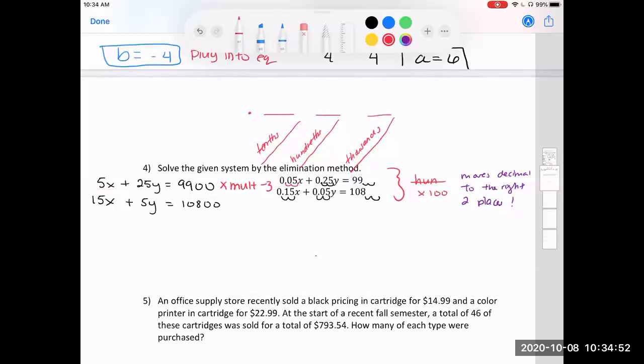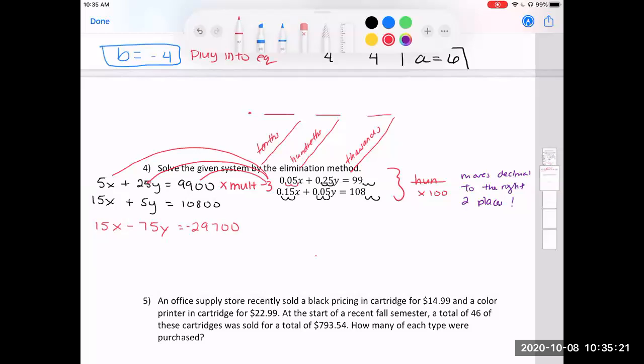So let's go ahead and do that. I need to show those arrows so that I don't forget to do it. So 5 times negative 3 is negative 15x. 25 times negative 3, I think quarters, so negative 75y. And then 9,900 times negative 3, that's negative 29,700.